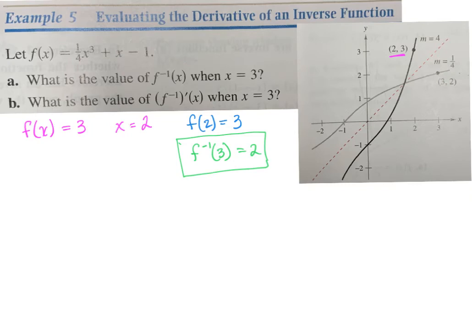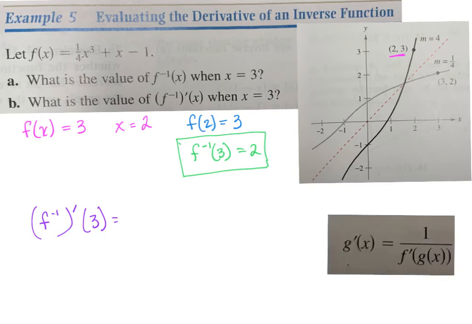Now it wants us to find the derivative of the inverse at 3. So they want me to now take the derivative of the inverse. That's my inverse and that's the derivative notation when x is 3. This is when I'm going to go back to the formula that they gave me.